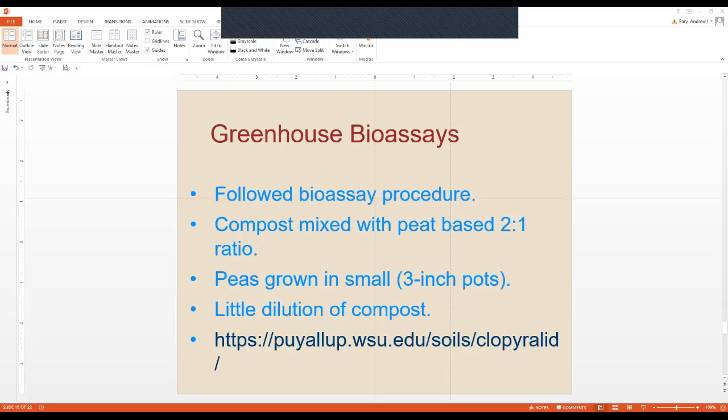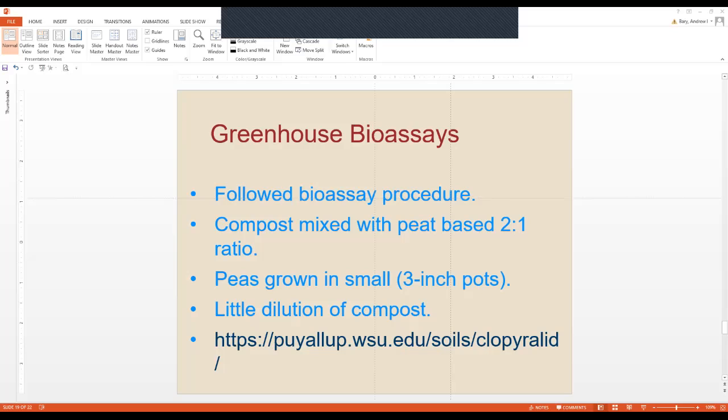One is chemical analysis, where you pay to have it analyzed for clopyralid. This is very expensive, in the range of $200 per sample. Or you can do a greenhouse bioassay, where you mix your compost at two parts compost to one part peat-based potting mix, put that in small 3-inch pots, plant some peas, and then watch the peas grow.